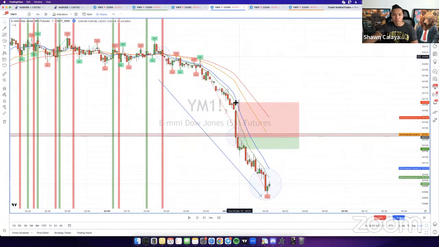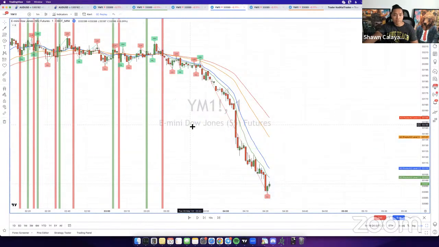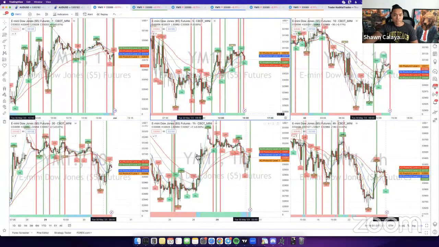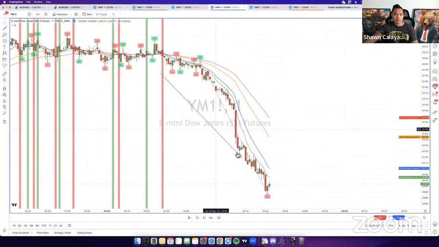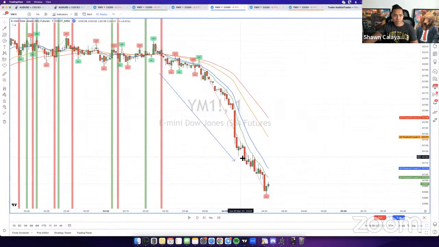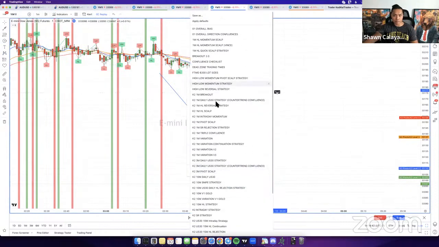So I wouldn't ever be too scared about that. The only time I would be scared is if it's super overextended and you look at the bias and the bias is opposite, right? Say price is dropping super heavily and the bias is bullish. But then again, if that's the case, you wouldn't even be taking the entry, because you could look at the overall bias first step.